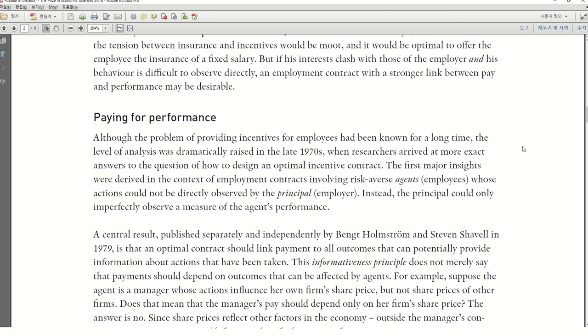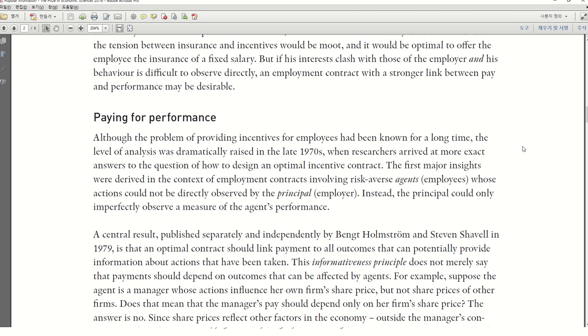From very early days, people have understood the importance of incentive schemes, but at the early times they didn't know how to design the optimal incentive contract.